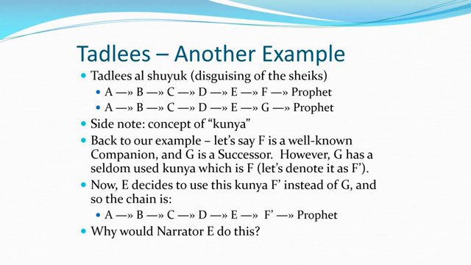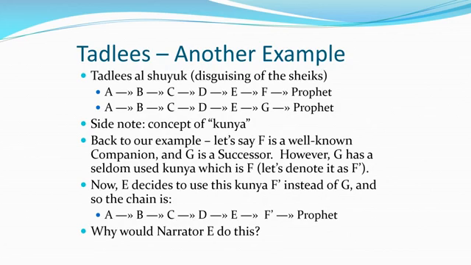Before we go on to another example of tadlis, because this actually is an important issue in the hadith literature, remember when we talked about the distinction between haddathana and an. In our last example of tadlis, we saw how a narrator could drop somebody in the chain and then go to the person after him and say an so-and-so, according to so-and-so.